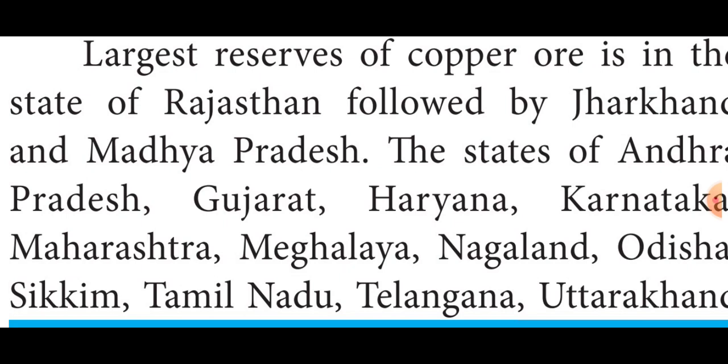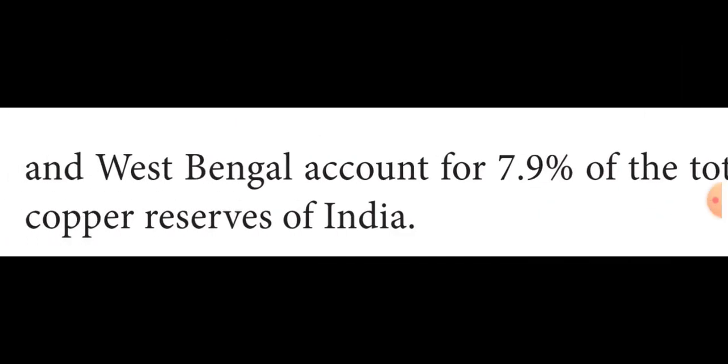Then Andhra Pradesh, Gujarat, Haryana, Karnataka, Maharashtra, Meghalaya, Nagaland, Odisha, Sikkim, Tamil Nadu, Telangana, Uttarakhand and West Bengal. These states together also produce 7.9% of India's total copper production.